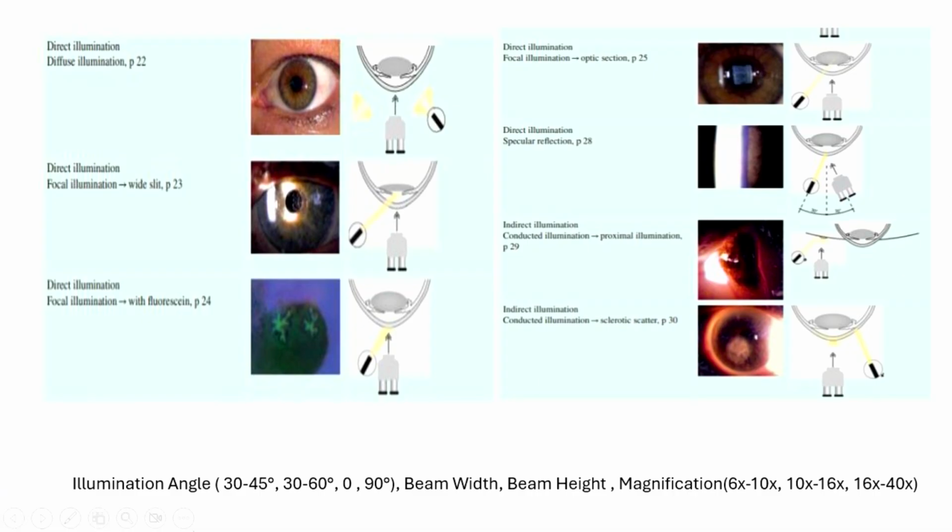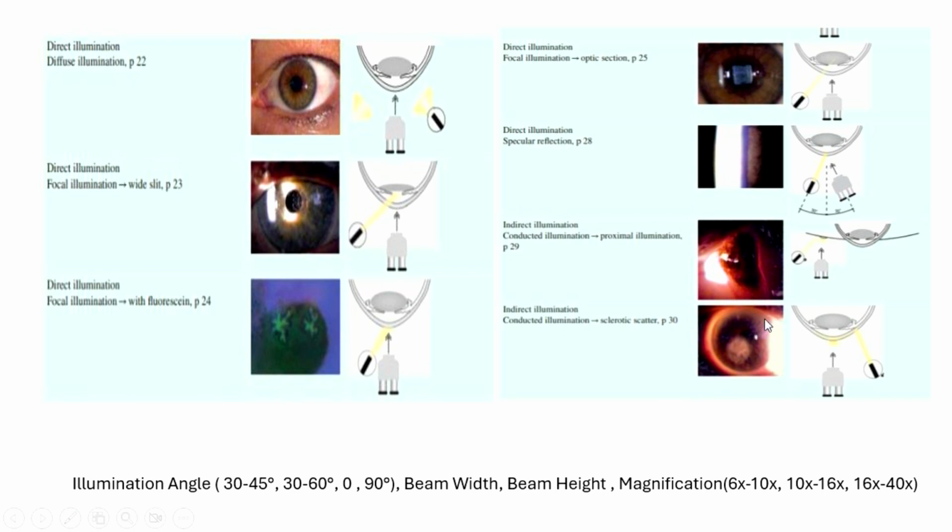So these are the pictures of various types of illumination, beginning with diffuse. This is the direct focal illumination. This is after staining with fluorescein. Here an optical section is made of the lens, and this is the specular reflection. And here you will see the endothelial cells, indirect or proximal illumination.